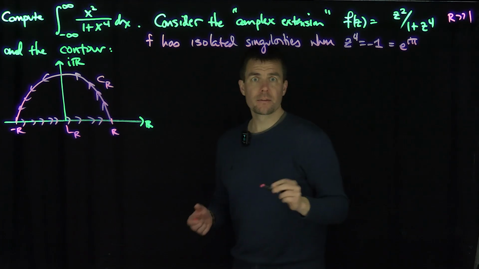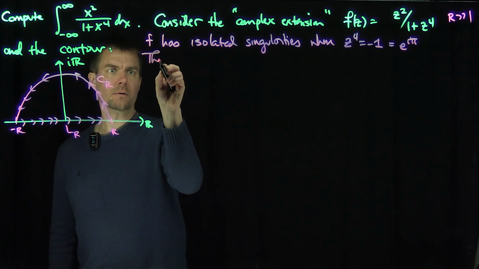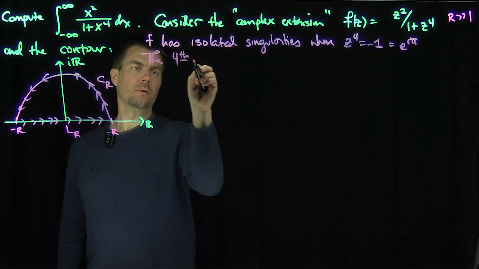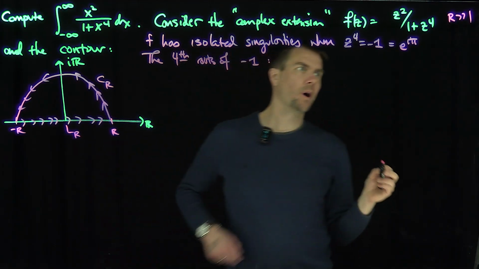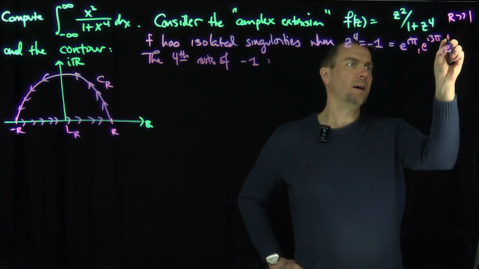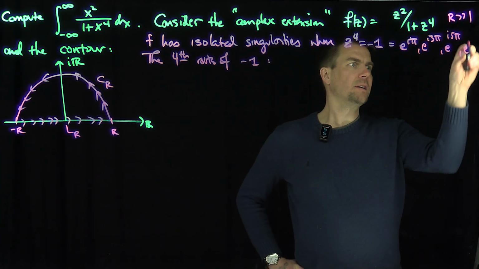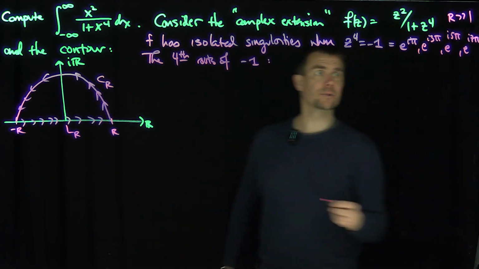And of course, I can find the fourth roots of negative 1. Negative 1 is e to the i pi, e to the i 3 pi, e to the i 5 pi, e to the i 7 pi, and to find the fourth roots, we just take the fourth root of all these things.